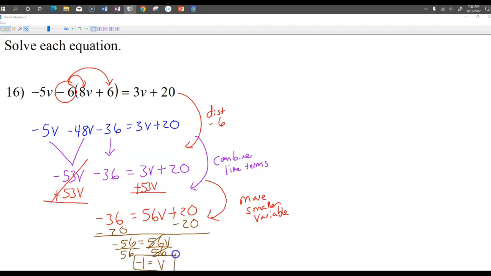And I get v equals negative 1. All right, and there's our steps that I said we would do. All of them are there this time. D, C, M, S. All right.